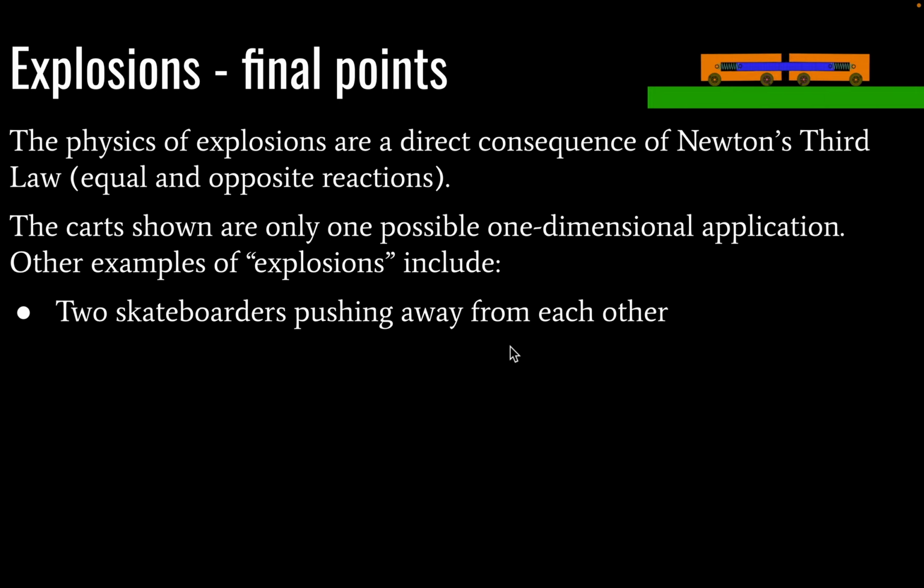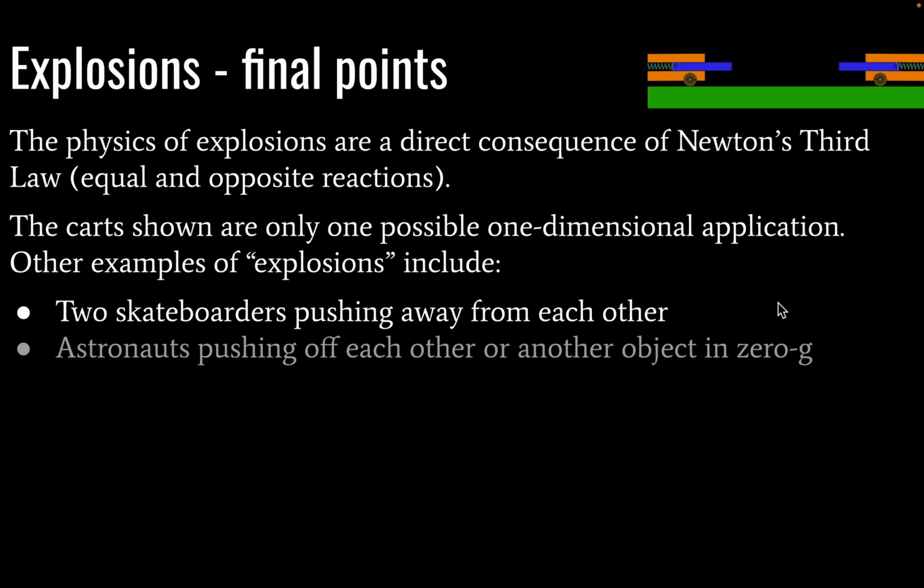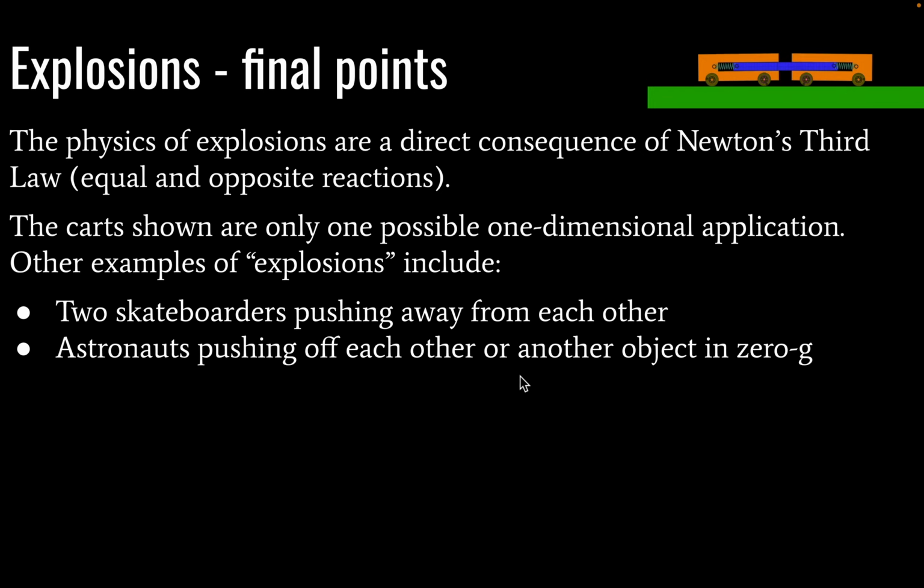We'll put wheels on people's feet and then have them push off of things. Another one would be astronauts pushing off of each other in a space station, or possibly another object in 0G. And that is going to look a lot like an explosion. And there will be other examples in IB physics. There are more than we can possibly cover here.